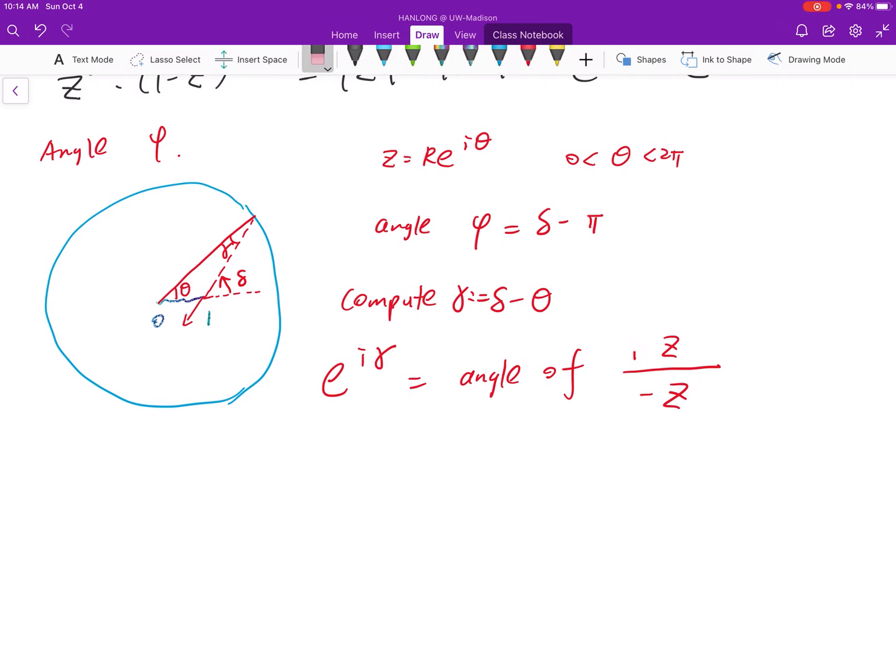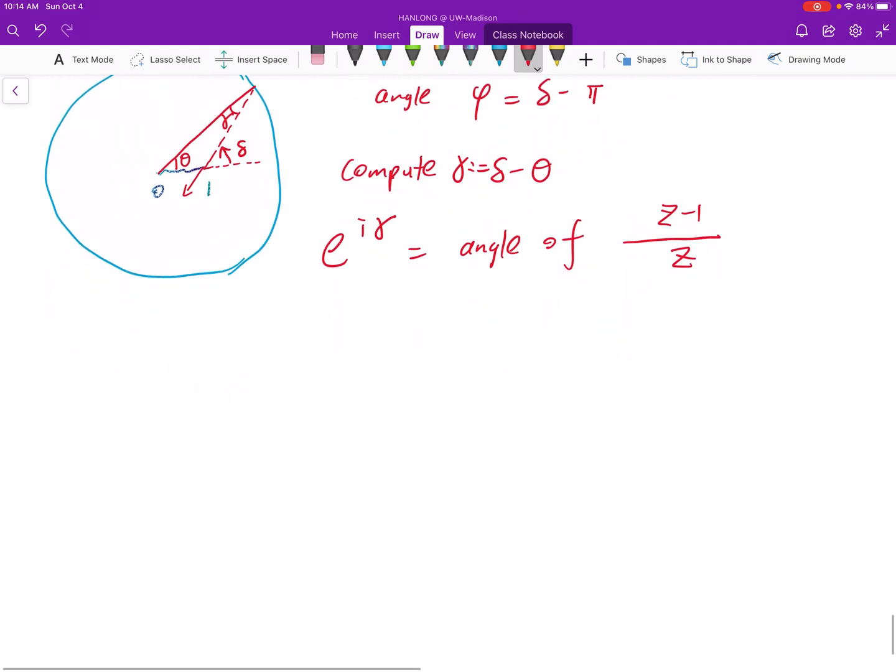Or probably you prefer this form, z minus 1 divided by z. Okay, now let's compute this. This is because of the meaning of complex number.